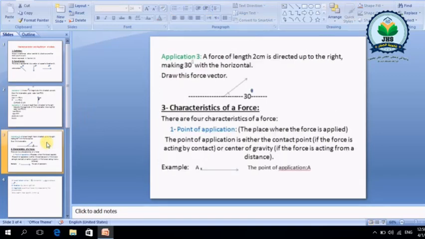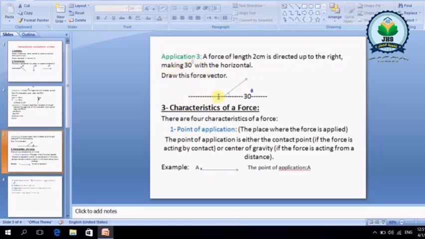Application 3. A force of length 2 centimeter is directed up to the right, making 30 degrees with the horizontal. Draw this force. Okay, I have its length, so I can draw it, and he said it's up to the right. But he said making 30 degrees with the horizontal.